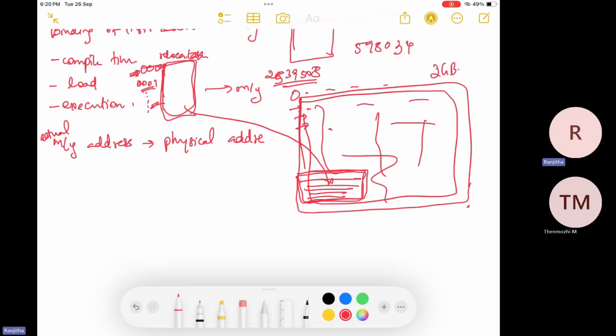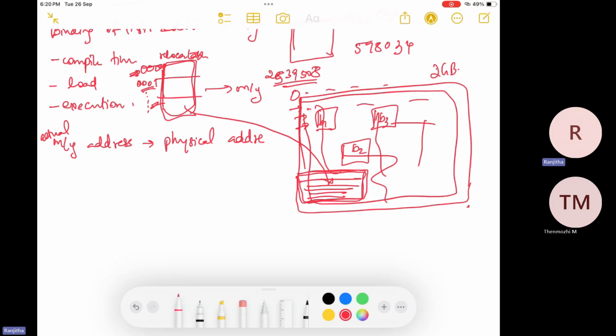Another approach is non-contiguous memory allocation. In such non-contiguous allocation, we divide the program into something called pages or blocks. One block can be placed here, the other block at a different location, and a third block at a third location.